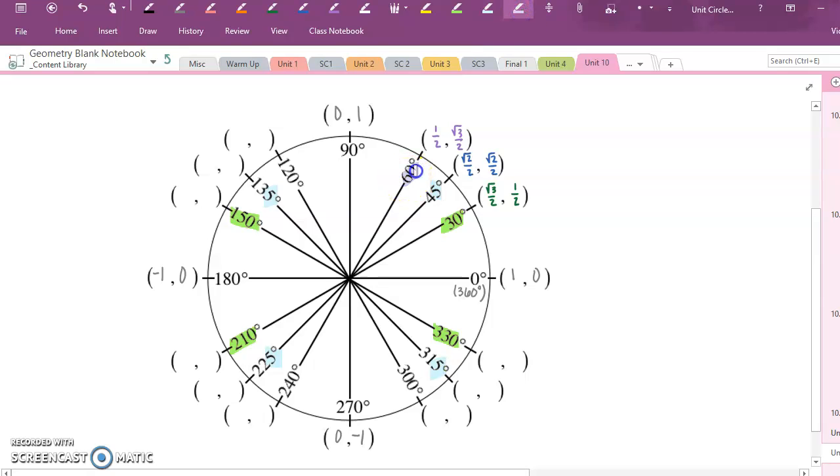60 degrees sticks with everything closest to the y-axis. So again, that's really important. For 30 degrees, you just have to remember that it references everything closest to the x-axis.